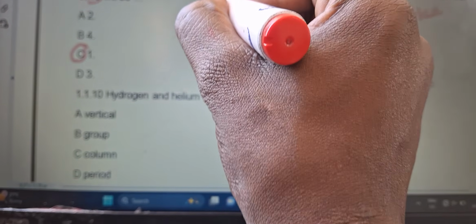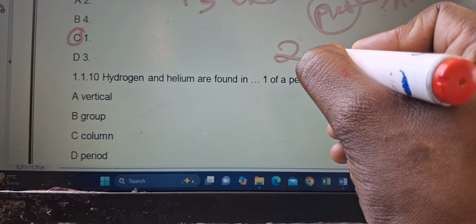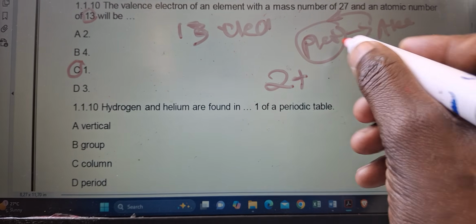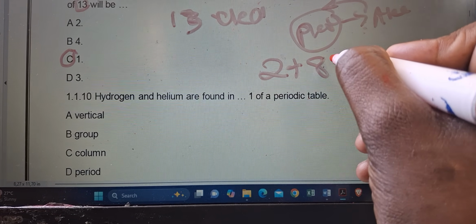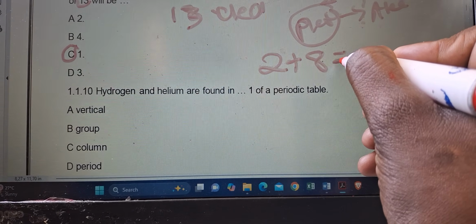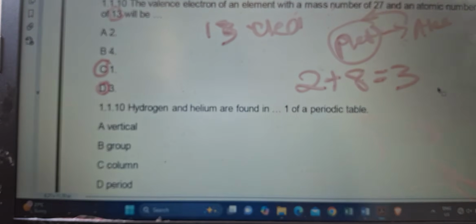Therefore, since we are having 13, let's count. In the inner shell, we are going to have 2. In the second, we are going to have what? 8. Overall is 10. In the outer last shell, the valence, we are going to have what? 3. And the answer here is D.